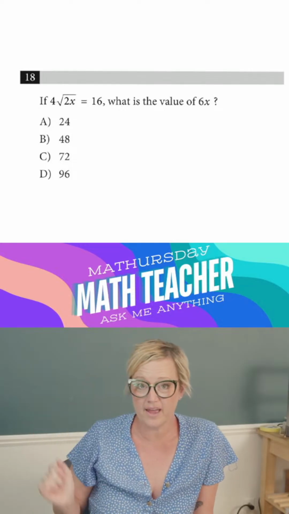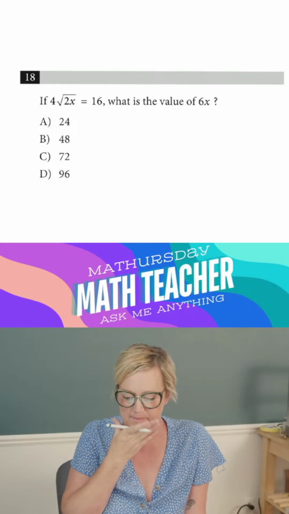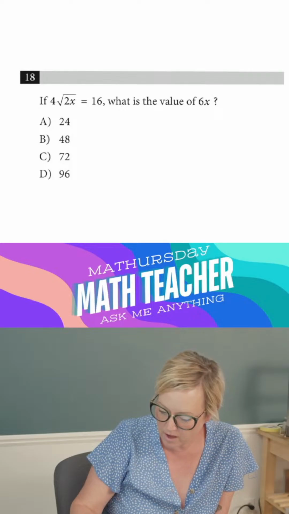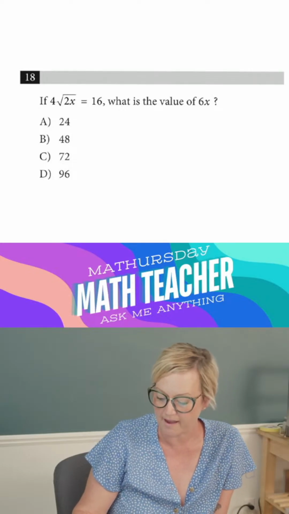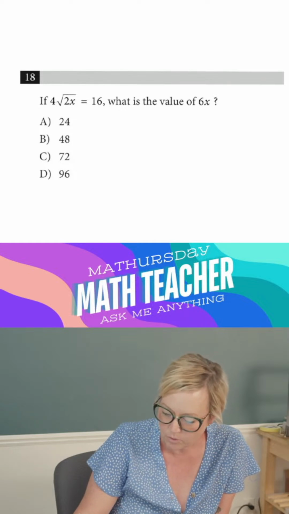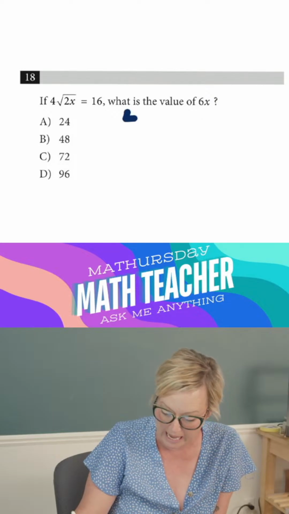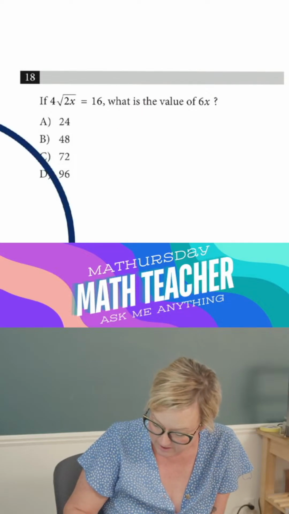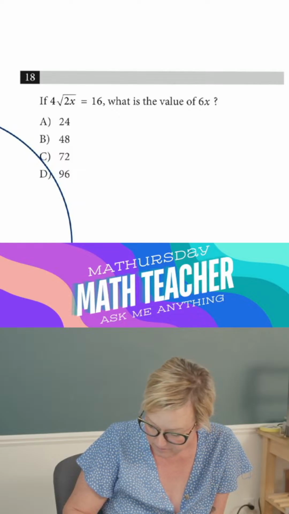But let's get into it. Let's go ahead and look at this, and this is an actual SAT question. It's from one of the practice pages. All right, so we've got 4 times root 2x equals 16. So what I'm going to do first is change my pencil thickness.